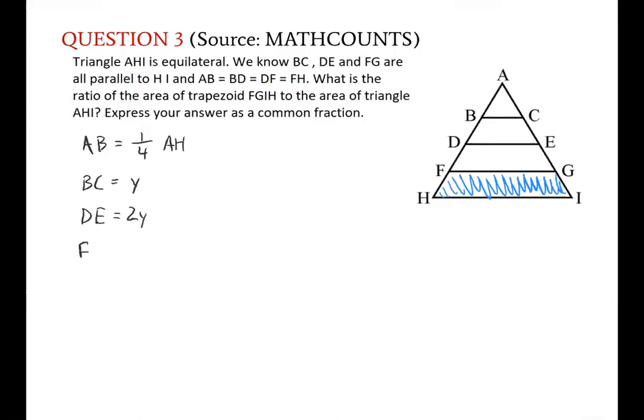And then FG will be 3y, and HI will be 4y.